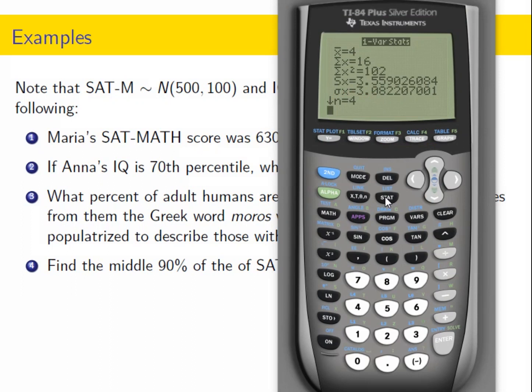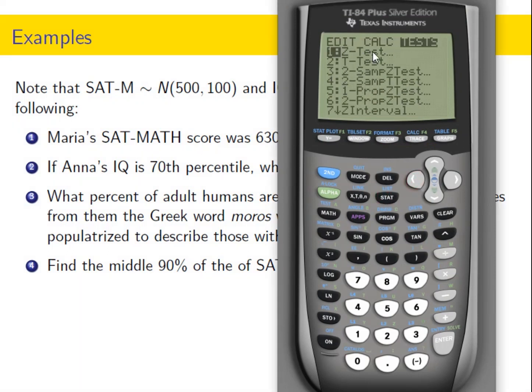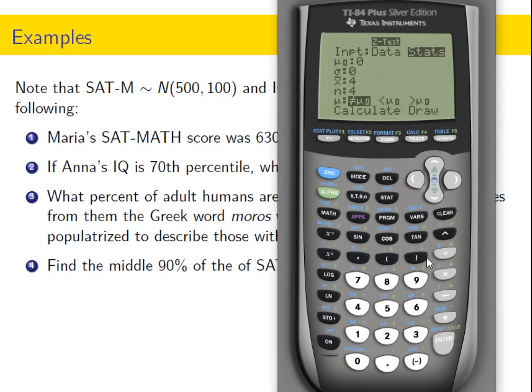So if you go to the Stat button, Test menu, this very first option here is z-test, and we're going to sort of trick the calculator. I'll show you how in just a second. So for mu sub 0, that's the population value. We're going to put in a 500 and 100. For the first two values, the mu and the sigma, those are the population values, and I'm getting them from right here.